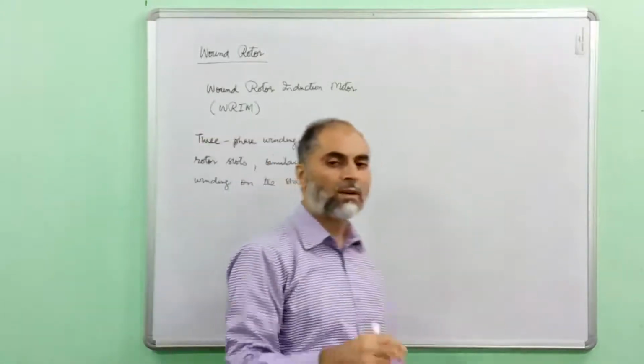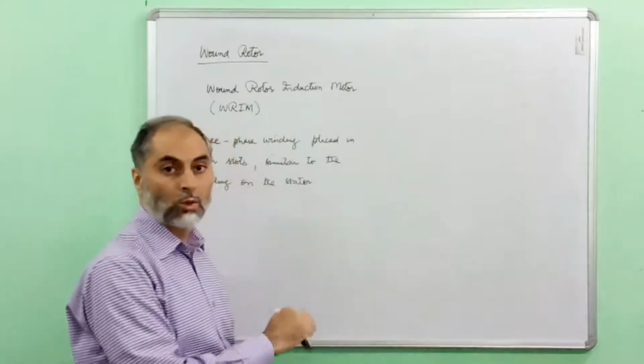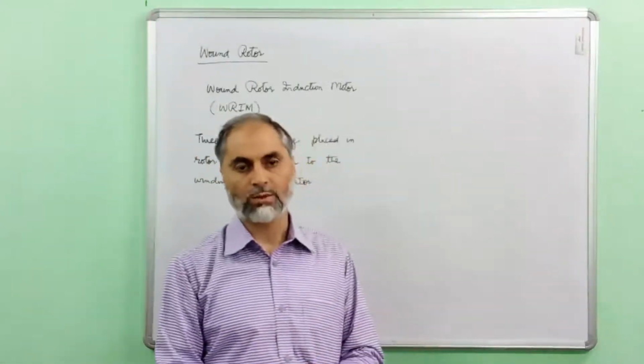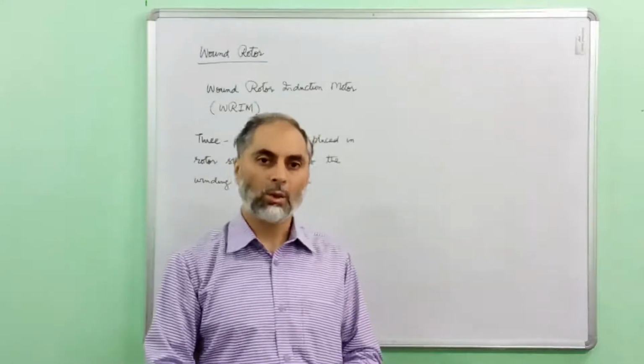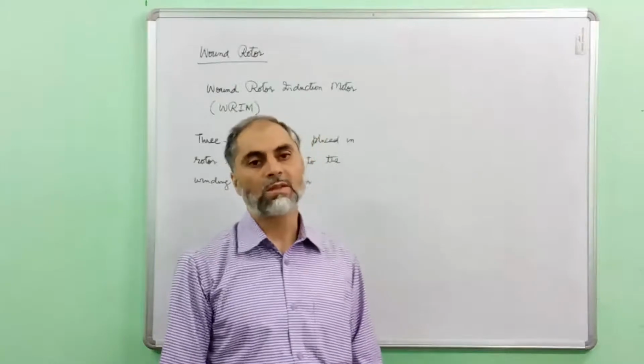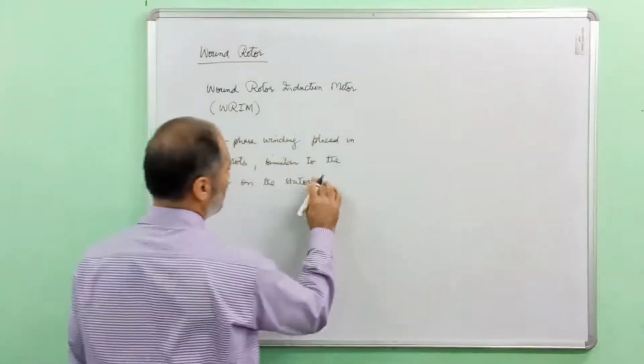And since the stator winding is wound for a particular number of poles, we have a three-phase winding on the rotor. Therefore, this winding should also be wound for a particular number of poles. And for satisfactory operation of a machine, the rotor winding must be wound for the same number of poles as the number of poles on the stator.